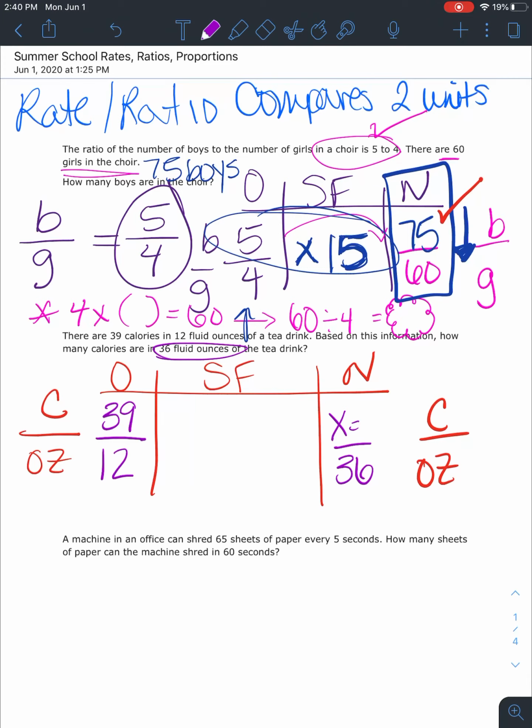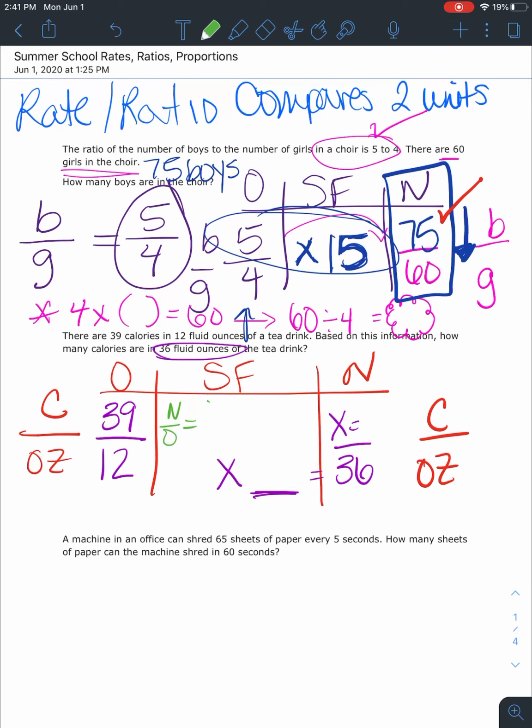Some of you might be able to tell me that 12 times this number equals 36. Do you know what 12 times what equals 36? Well, if you don't know, I showed you a trick. We'll use our formula for scale factor, which is new over original.